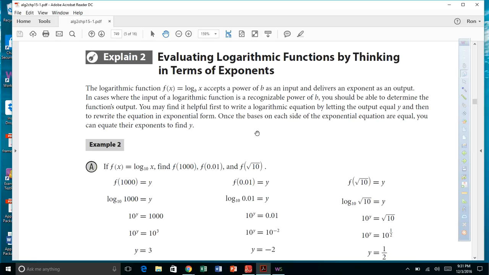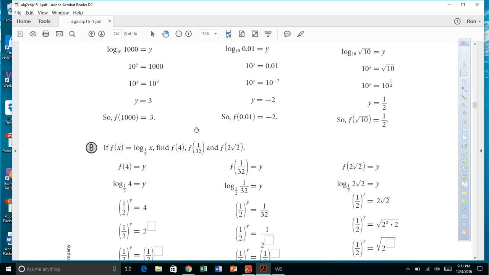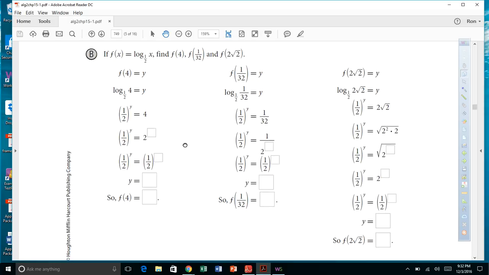You may find it helpful first to write a logarithmic equation by letting the output equal y, and then to rewrite the equation in exponential form. Once the bases on each side of the exponential equation are equal, you can equate their exponents to find y. So go ahead and look through example A, and when you get back, we'll do example B together.